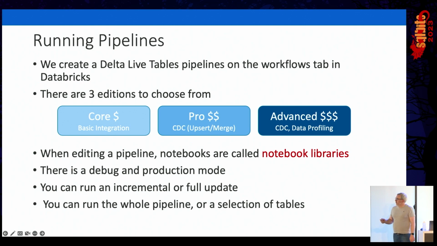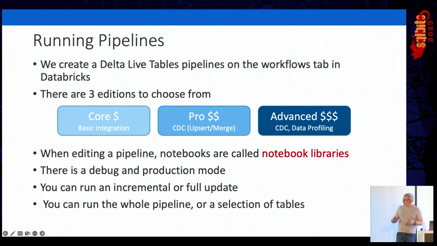So when we want to actually edit our pipeline and add notebooks into it, they've gone with a slightly strange terminology here. Normally, when you run a notebook, and when you have a cluster, you can add libraries to it. And those libraries would be Python libraries, jars for loading in Java, modules and things like that.